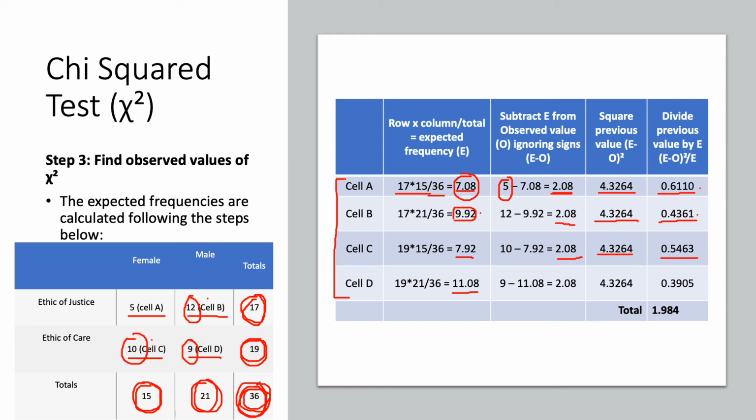And then finally, cell D, we take 19 times 21 divided by 36, which gives us 11.08. We subtract 11.08, our E value, from our observed value, which in cell D was 9, and we get 2.08. Square that, and then divide it by 11.08. And then all we do is we add all of these up to get 1.984.